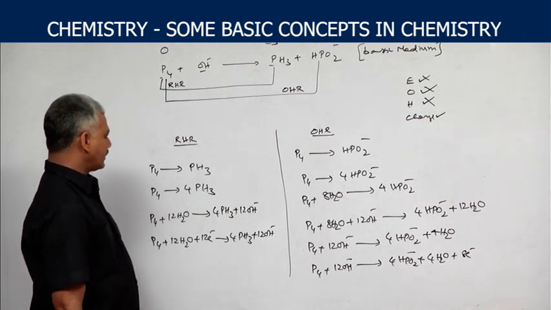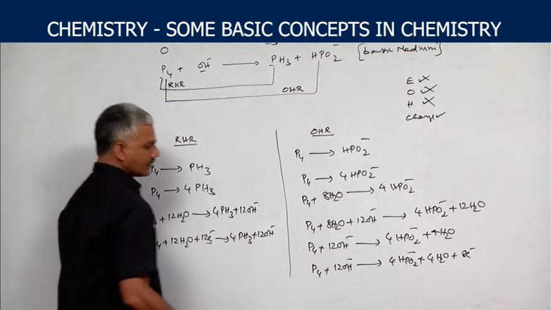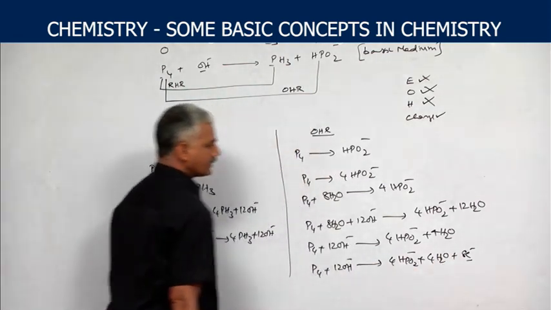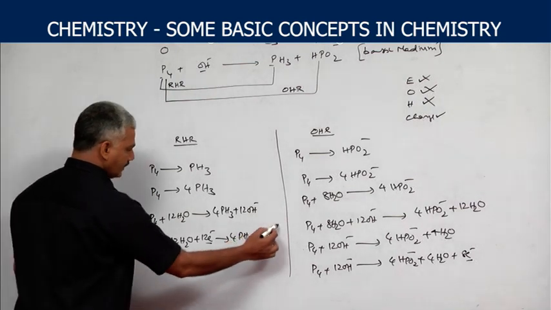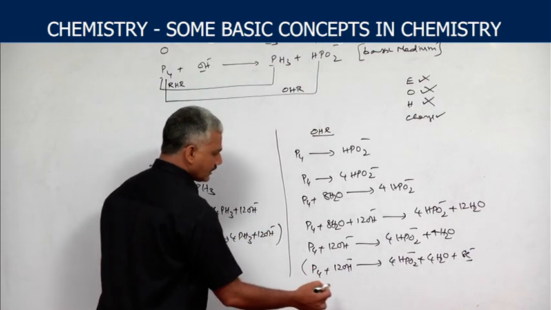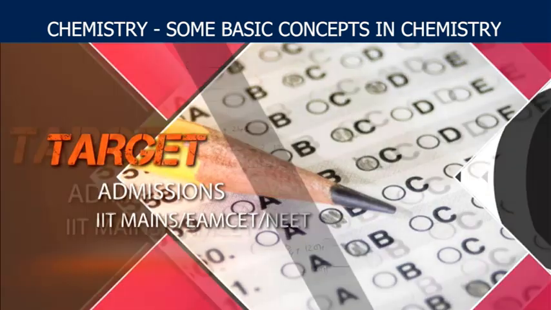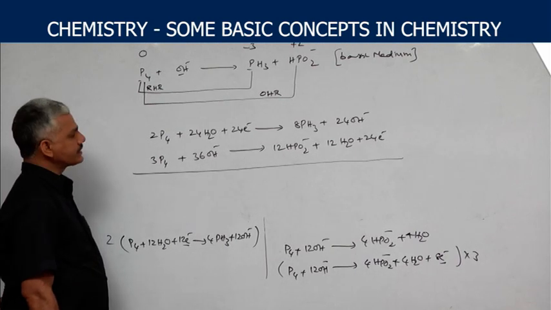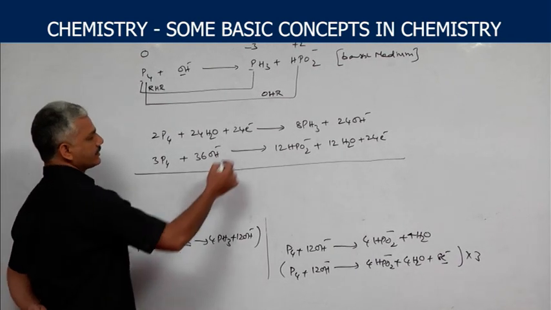So, before adding the two half reactions, see that number of electrons are equal in both the half reactions. For that purpose, multiply this equation with 2, this equation with 3. Adding the two half reactions, anything common can get cancelled.